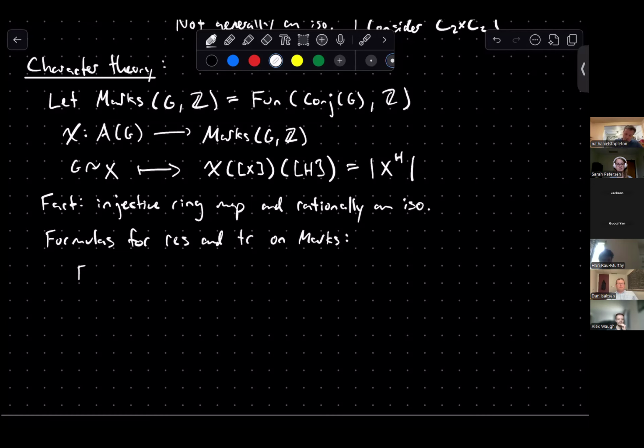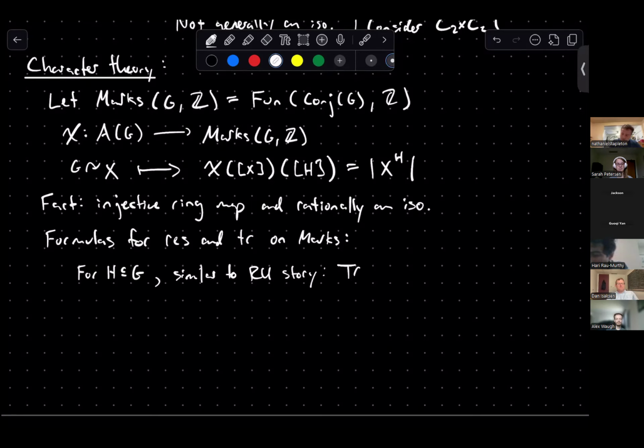So first of all, for H contained in G, for transfers along injections, it is very similar to class functions, similar to the RU story. And the formula looks just like what you would expect.